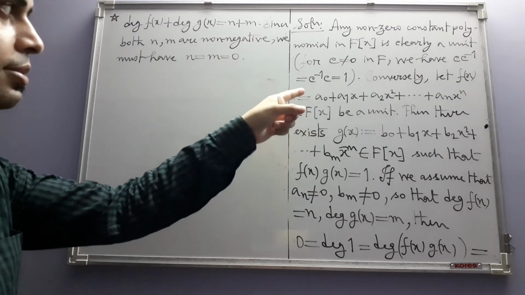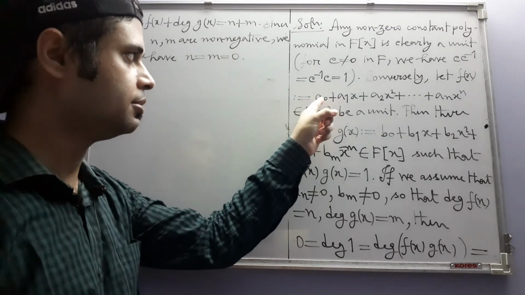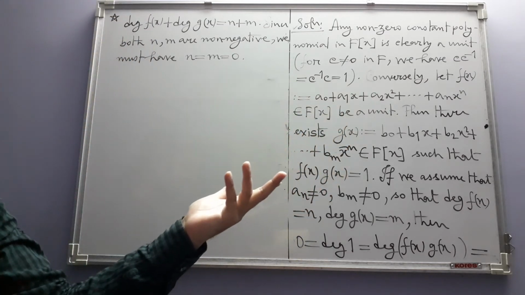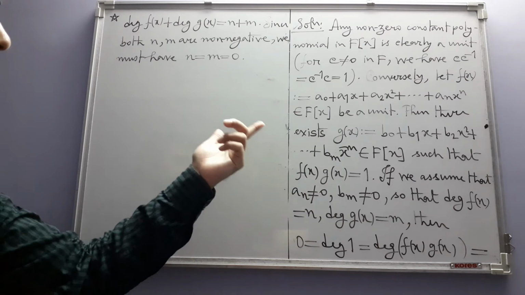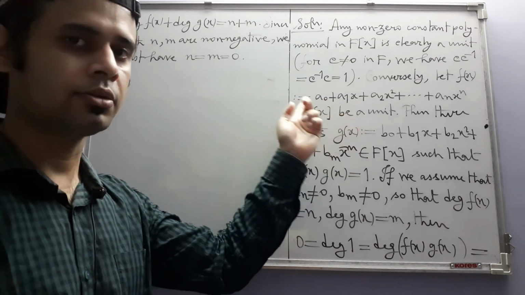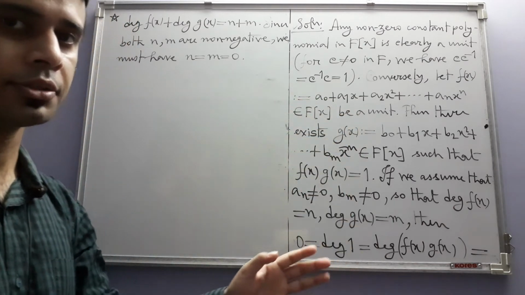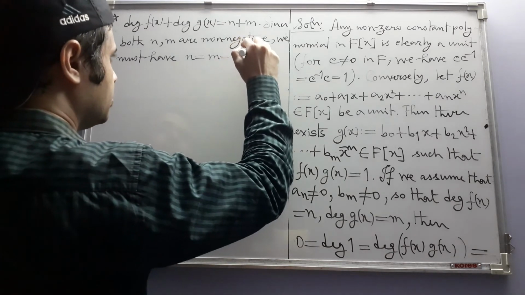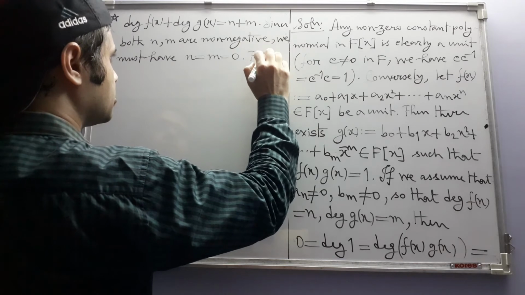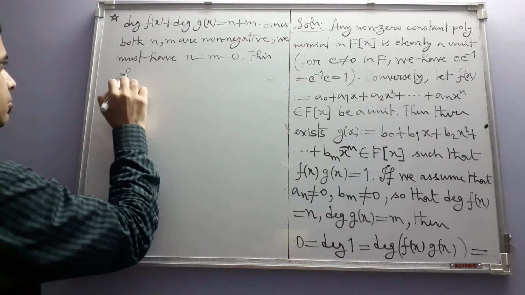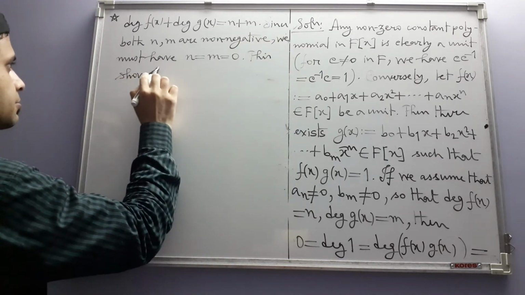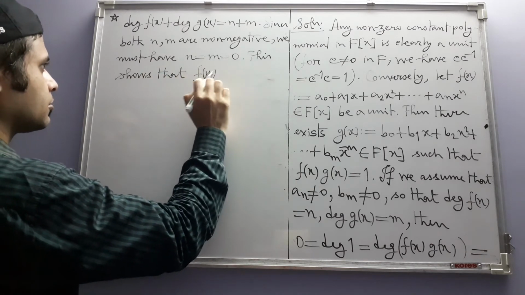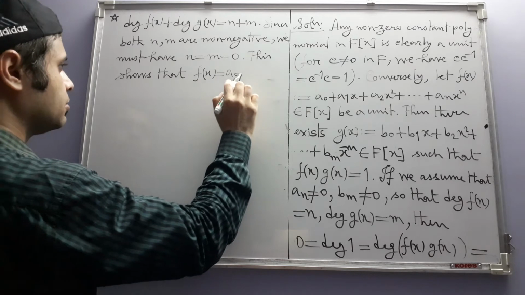Now when n is 0, that means f(x) is equal to a naught, that means f(x) is a constant polynomial, and since f(x) is a unit, a naught cannot be equal to 0, so f(x) is a non-zero constant polynomial. This shows that f(x) is equal to a naught.